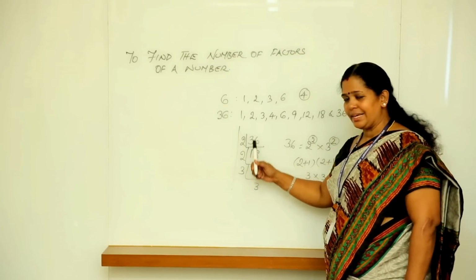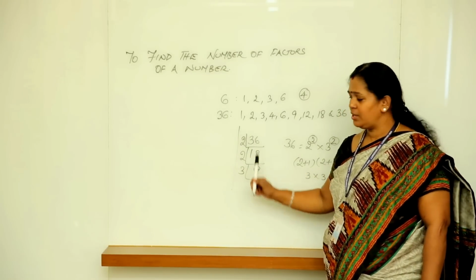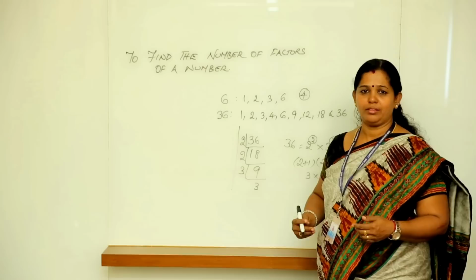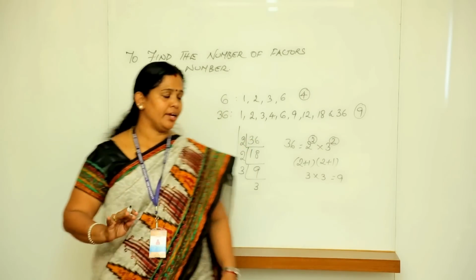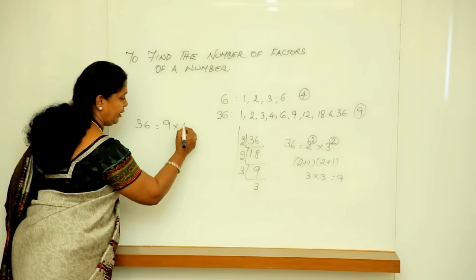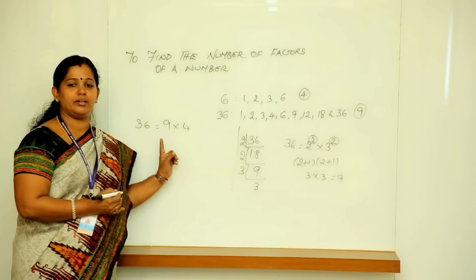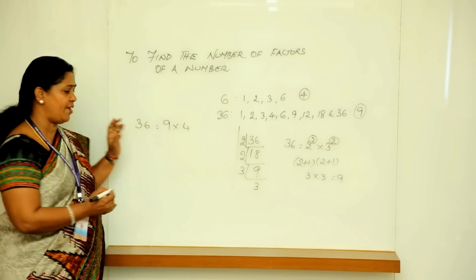Now, this L-shaped division can also be avoided many a time. At times this becomes very lengthy to find the number of factors. So, directly identify that 36 can be written as either 9 into 4 or 6 into 6. Now, express this as a product of prime factors.